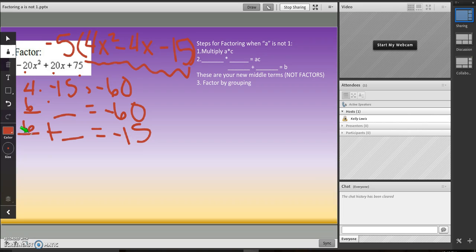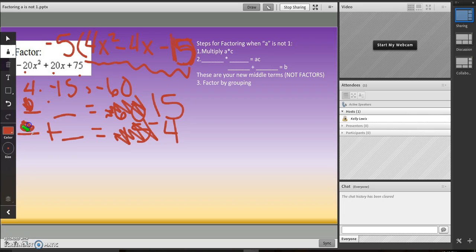Oh, hang on. This is wrong. This should be multiplies to give us 15. Adds to give us negative 4.